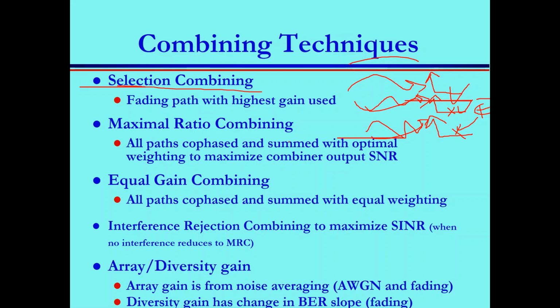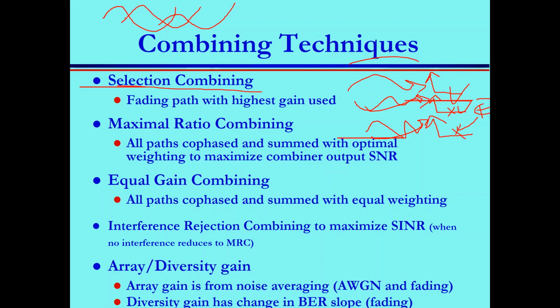Maximal ratio combining tells you, look, you received signals from different antennas, but these signals sometimes don't have the same phase. For example, you received a signal with this phase, and another signal with this phase, and another signal with this phase. Now when you sum them up, they don't give you the optimal maximal amplitude.